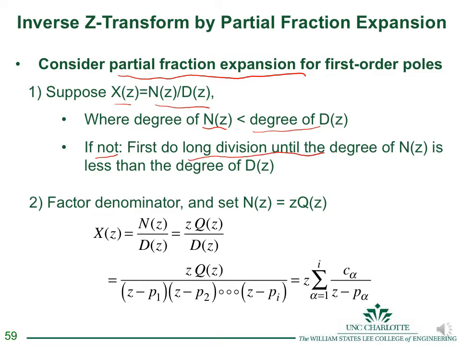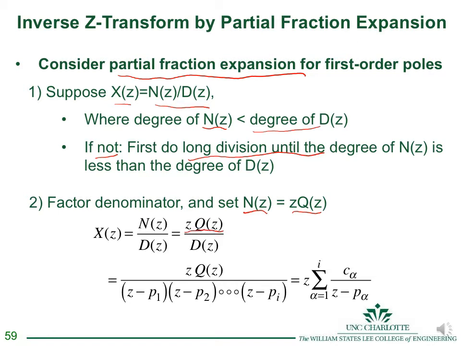To do the partial fraction expansion, first set the numerator as a factor of z times something, and we'll call that something Q(z). So rewrite the numerator as z times Q(z), and so we'll have z Q(z) over some number of first order poles in the denominator.